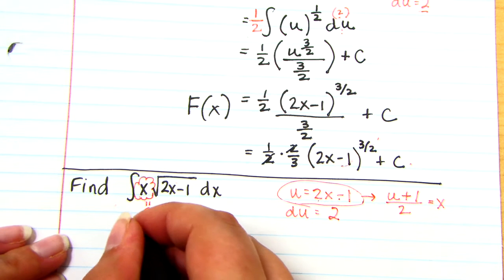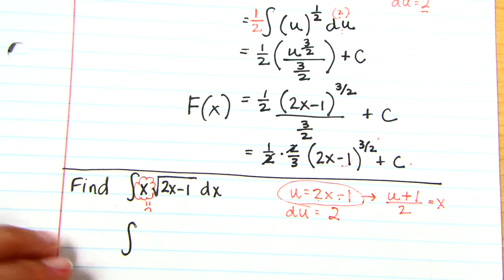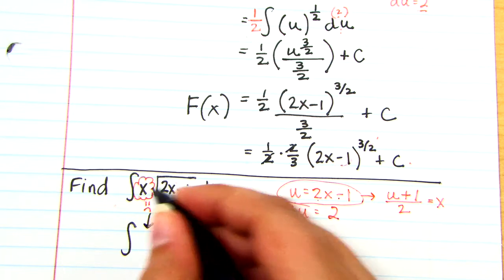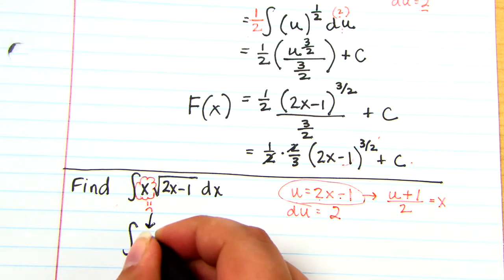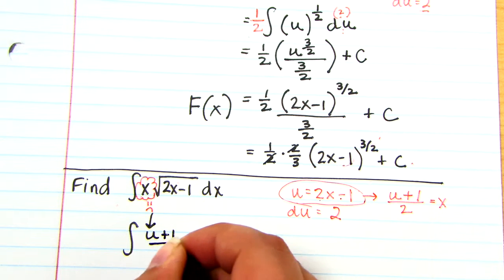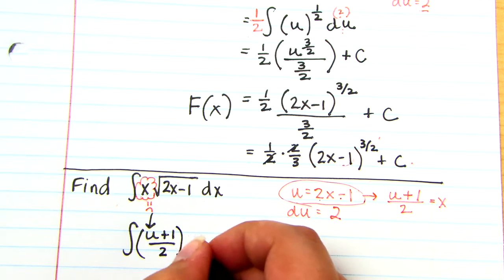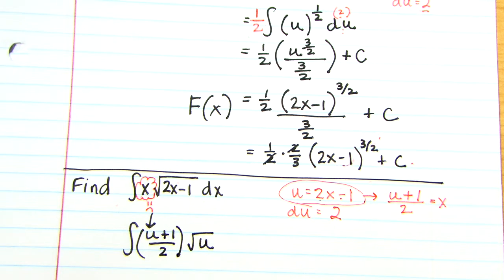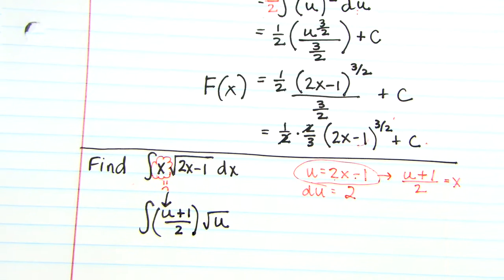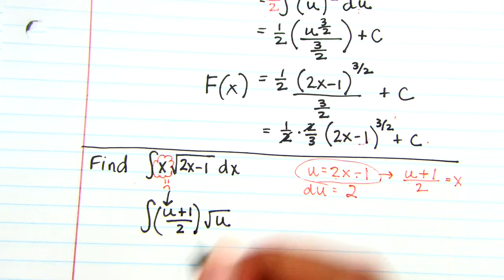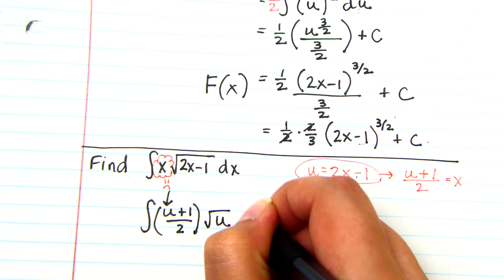So when we come down here, x is equal to u plus 1 divided by 2. And then this is the square root of u, which we're going to change to exponential form here in a second, and then du.